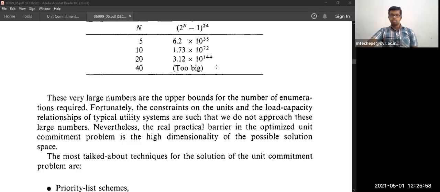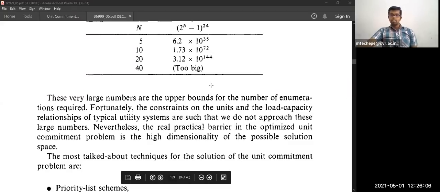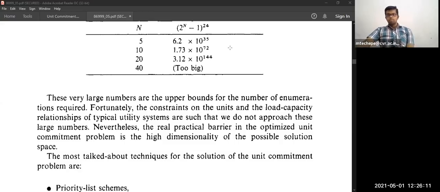This many combinations have to be evaluated: 10 to the power of 144, 3.12 into 10 to the 144 combinations. So I think it will take 10 to 15 minutes to calculate that combination itself.